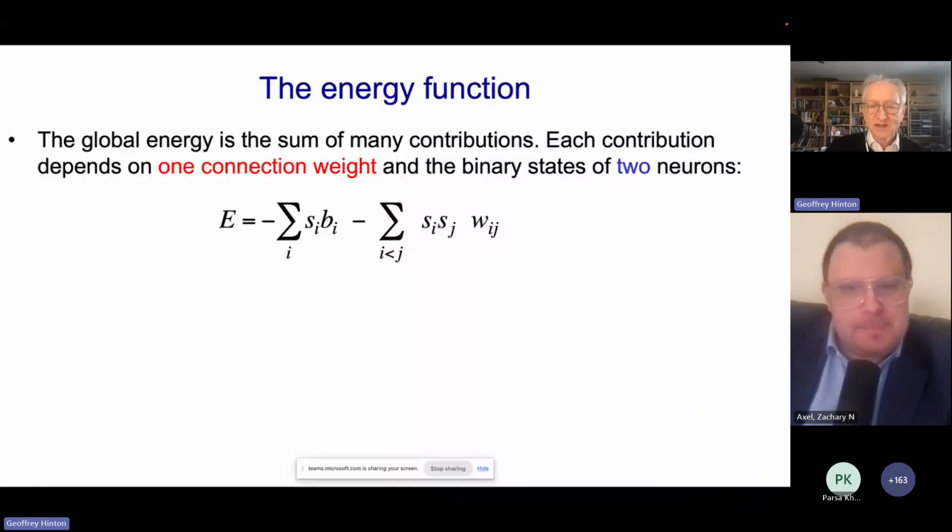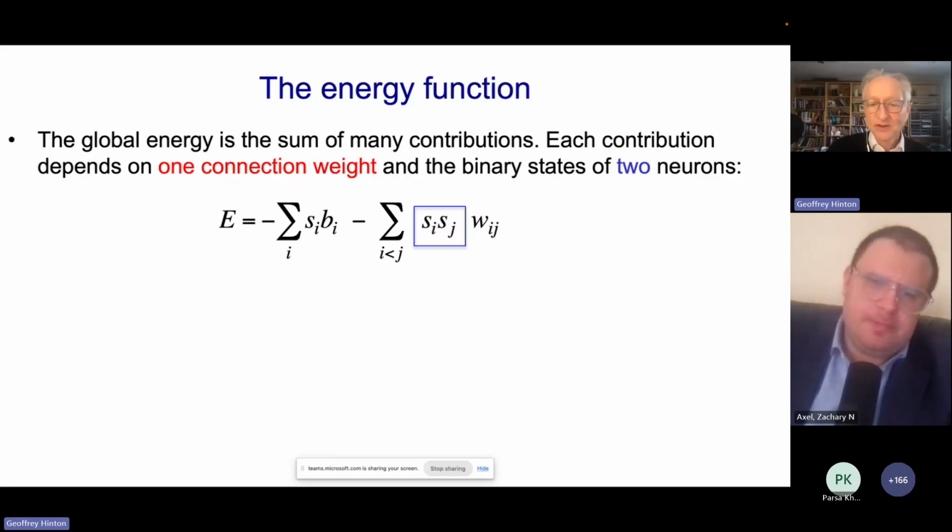So the energy function has a term to do with the biases of the individual neurons, and we'll ignore that for now. And then the main term is to do with interactions between neurons. That second term says that there's a weight w_ij between neuron i and neuron j, and there are the states of those two neurons, which are either ones or zeros. And so that second term only comes into play if both of the neurons are on. And if both of the neurons are on, the weight between them contributes to the negative energy, or what I call the goodness.